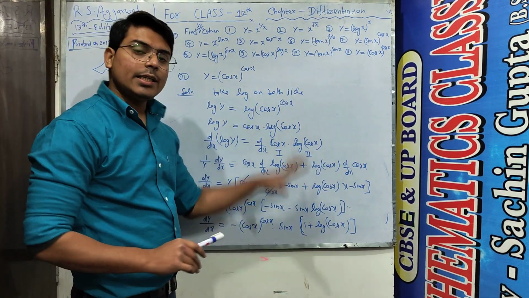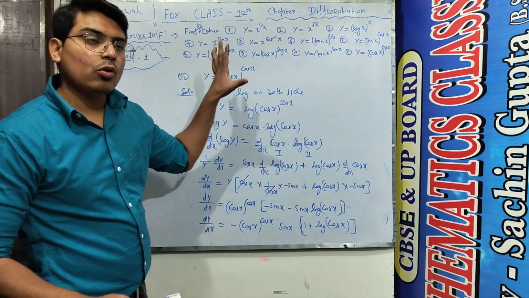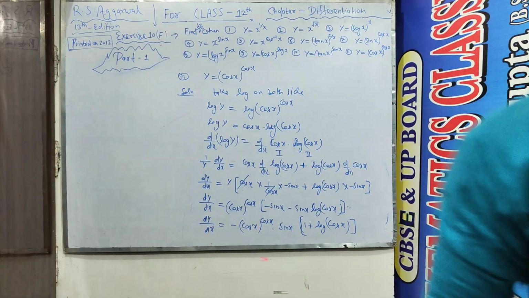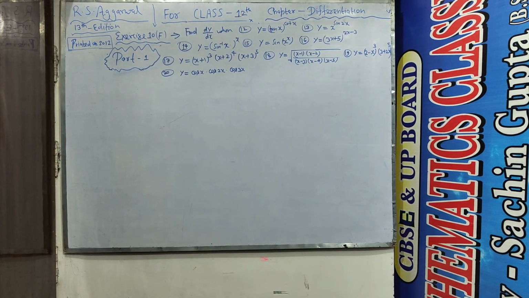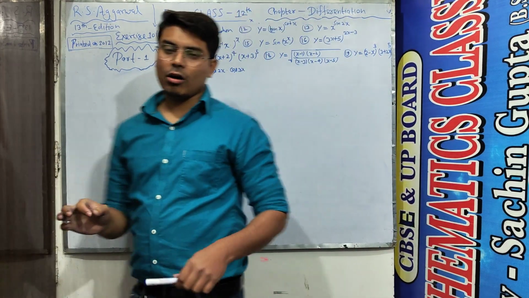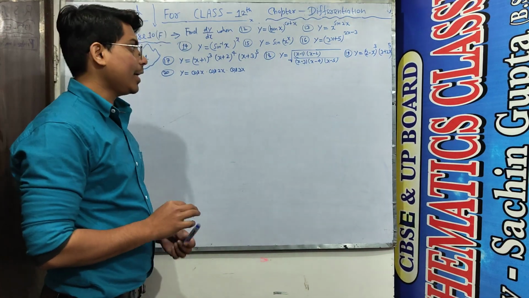Now I erase all these questions, 11 from 1 to 11, and write more questions of this exercise 10F. Here, students, I write 9 more questions of this exercise, from question number 12 to question number 20.